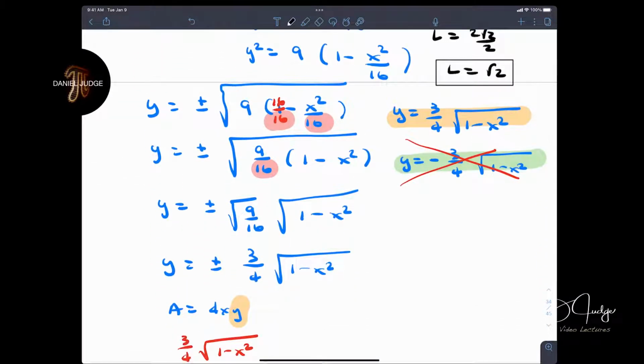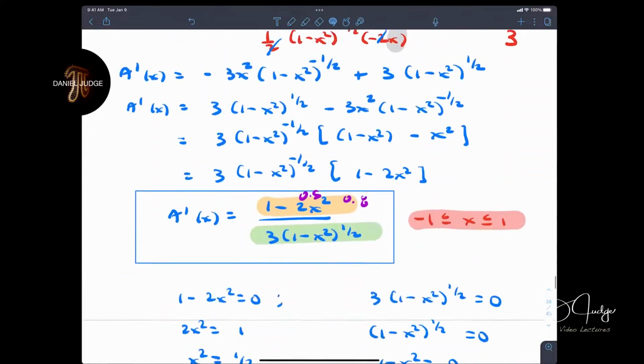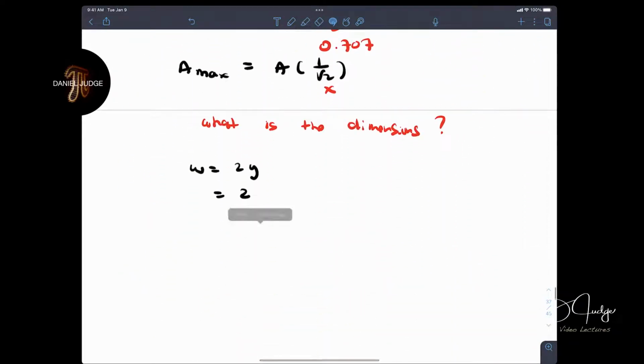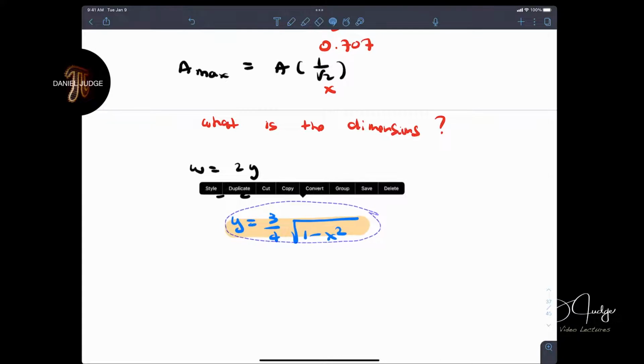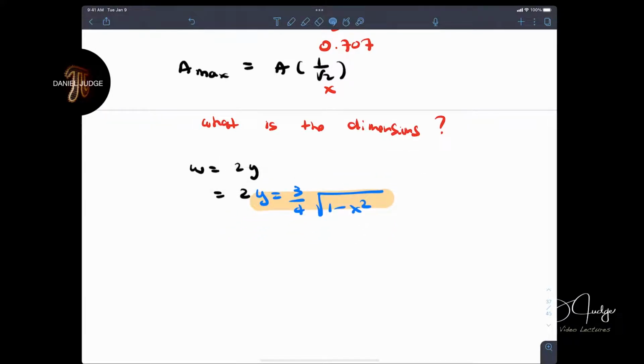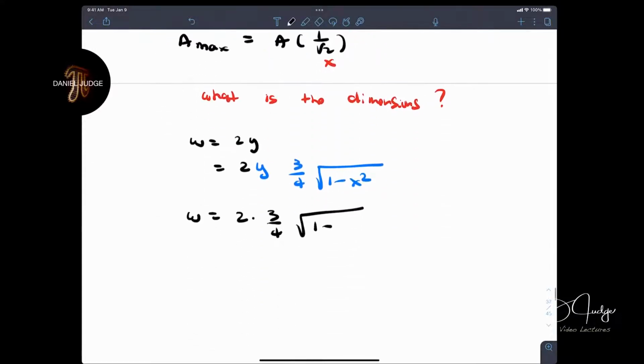Here we go. 3/4 square root of 1 minus x squared. So width will be 2 times that 3/4 square root of 1 minus the value of x, which was 1 over the square root of 2, squared.